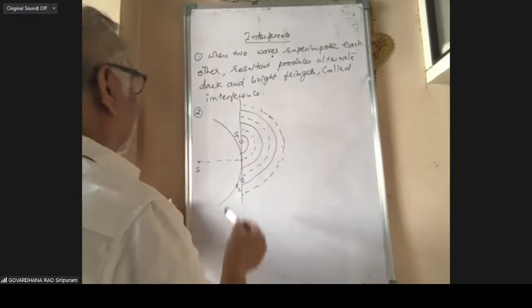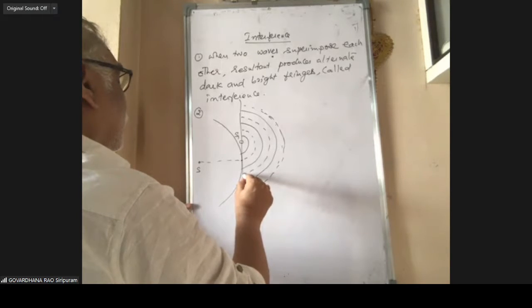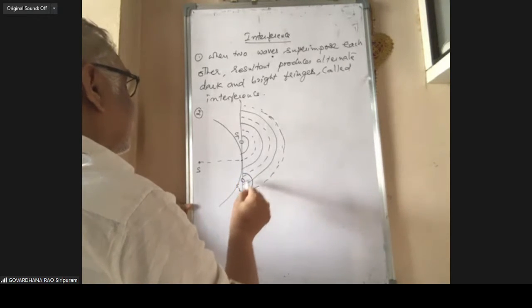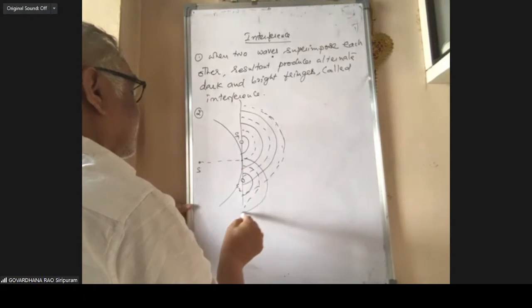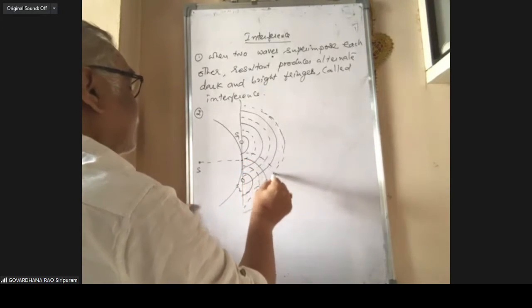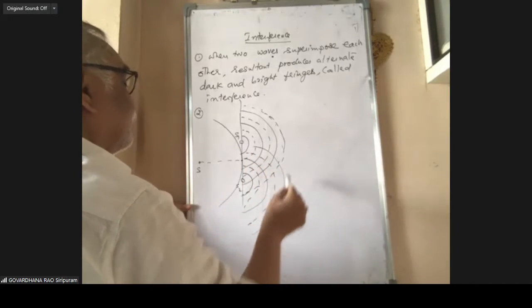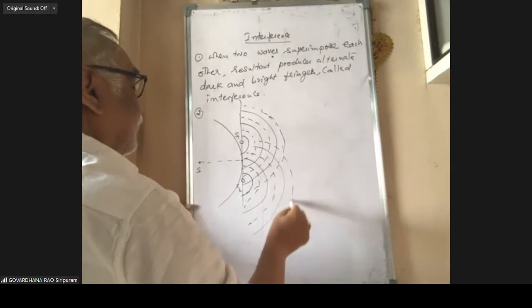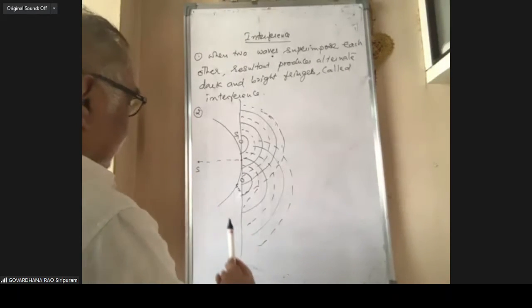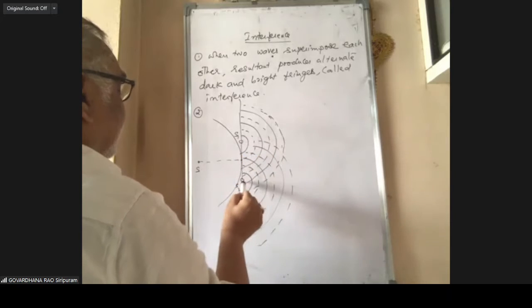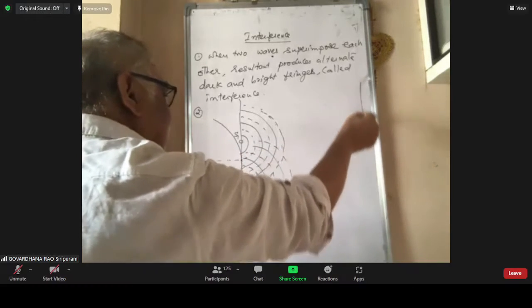Similarly, from S2 also: crest, trough, crest, trough, crest, trough, like this. Okay? So from S1 and S2, the waves will regenerate like this.